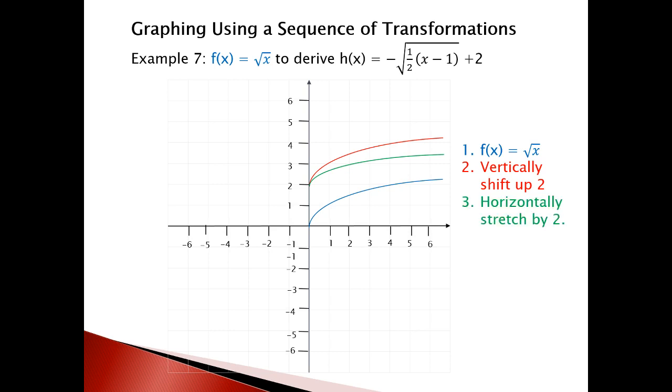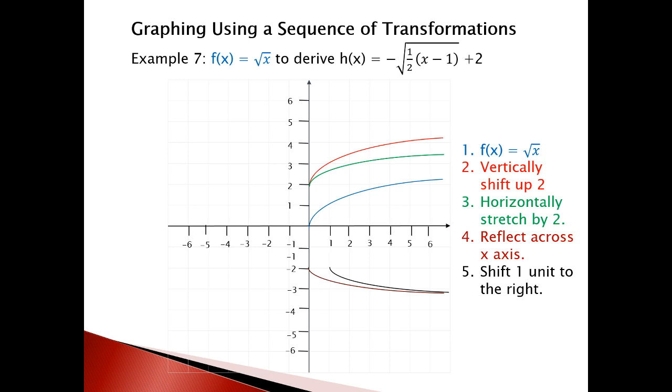Then we horizontally stretch that graph by 2, because we have half in front of x minus 1, and then we reflect across the x-axis because we have a negative sign in front of our f of x, and finally we shift 1 unit to the right.